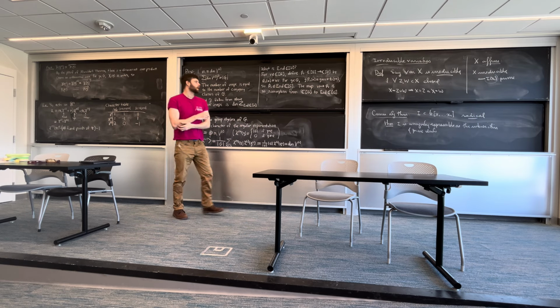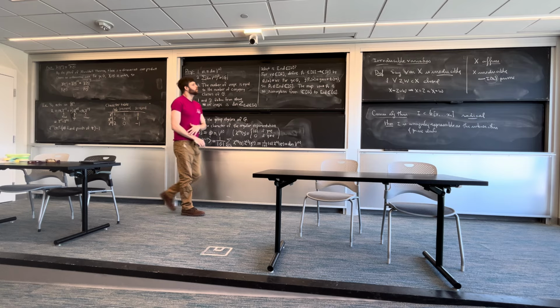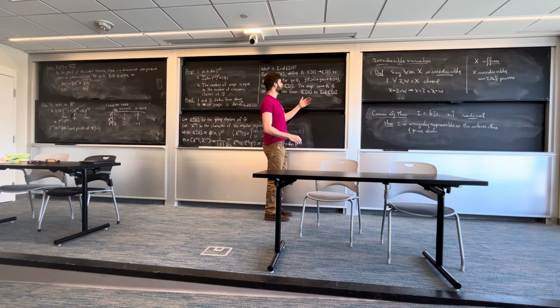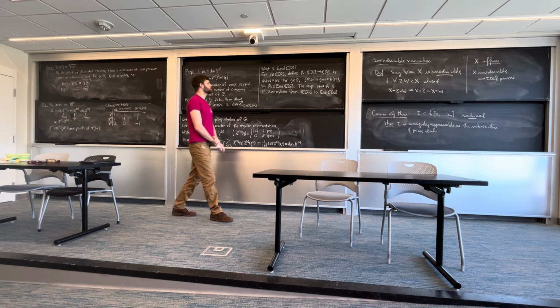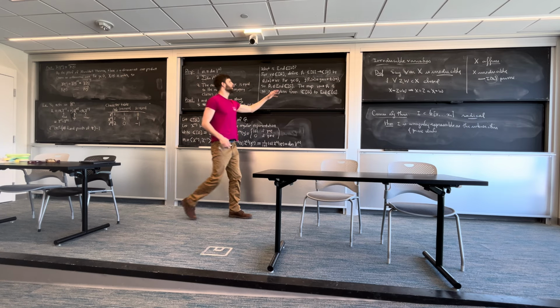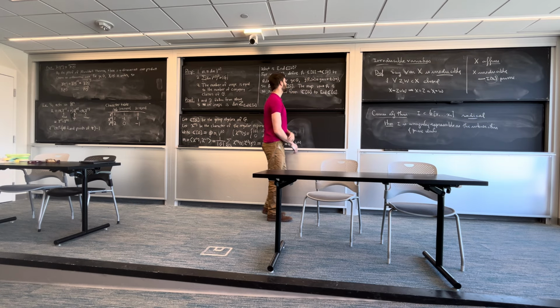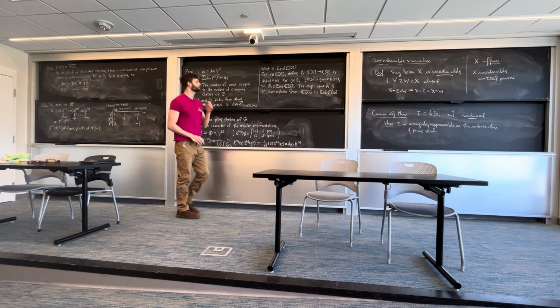So how do we verify that this is an isomorphism? Okay, well you can check that it's a linear map, right? You can just write down that it's a linear map, that's fine.